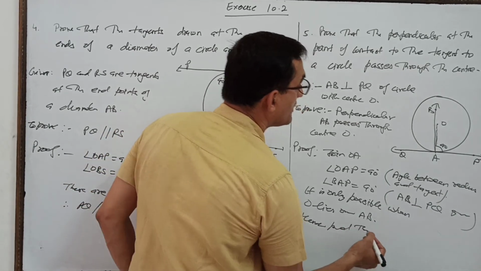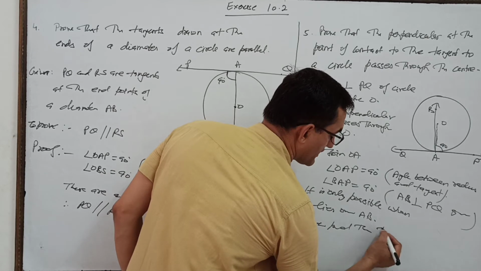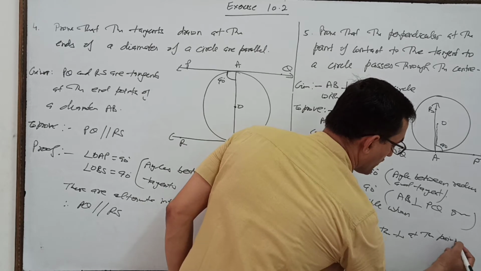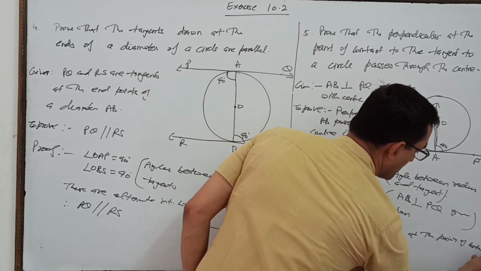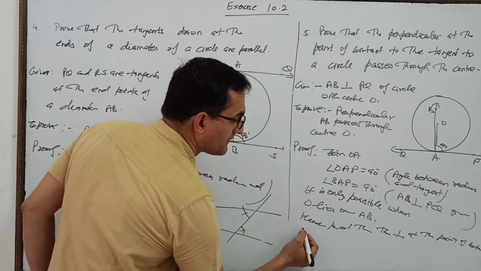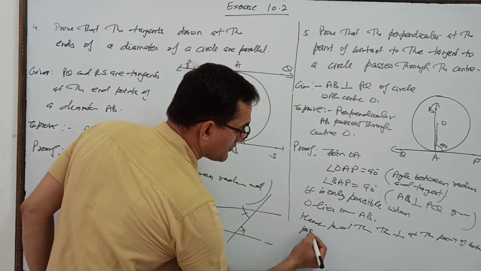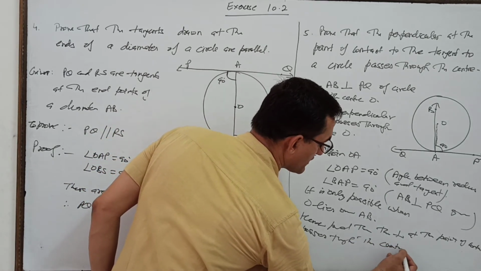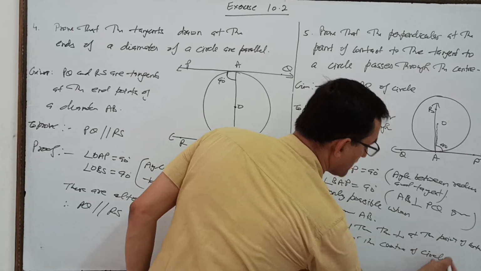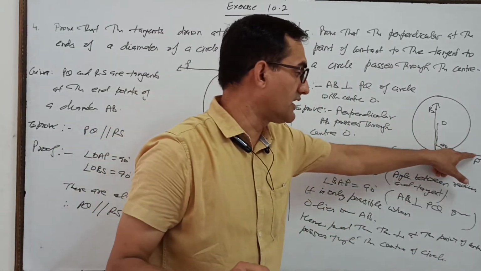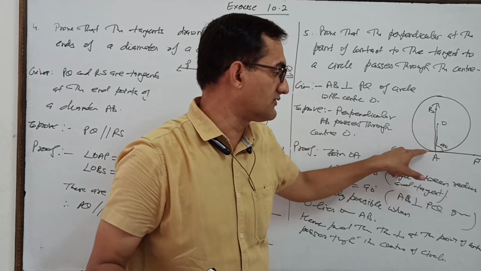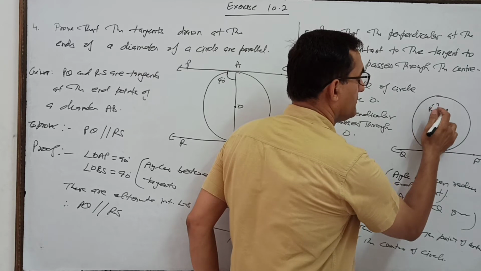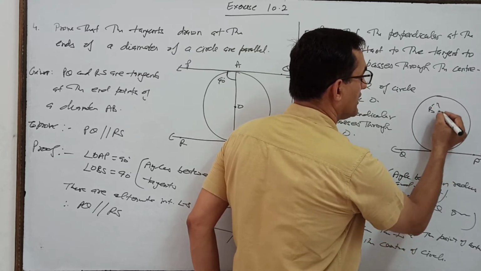Hence proved that the perpendicular at the point of contact to the tangent passes through the center of the circle. This line AB actually passes through the center.